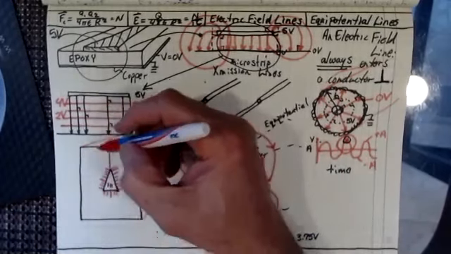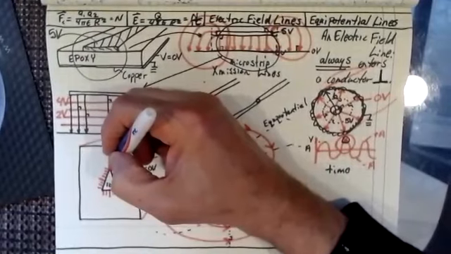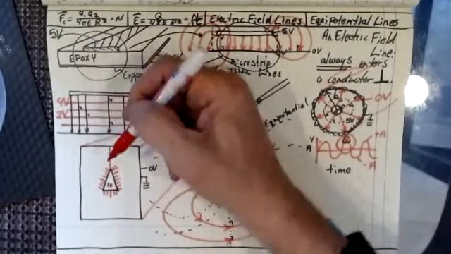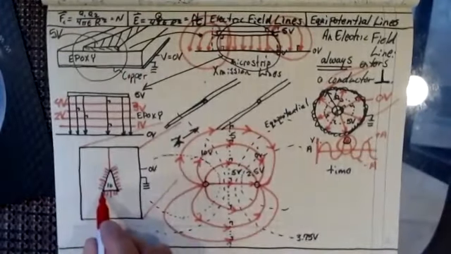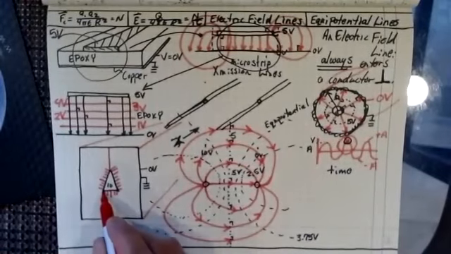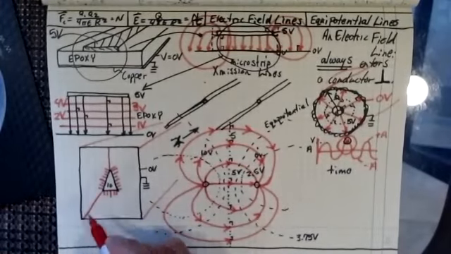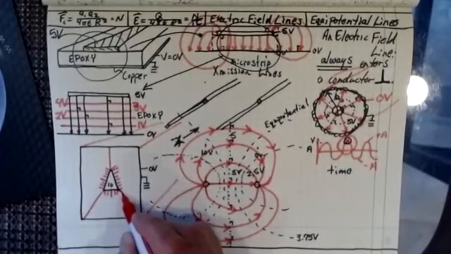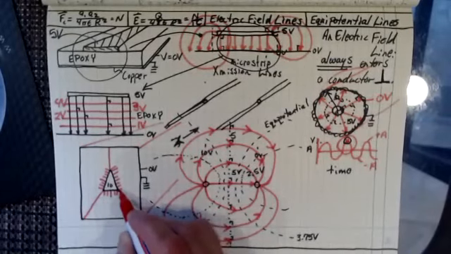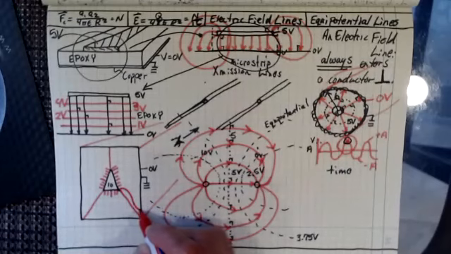Now, this has to somehow cover all of these areas. So I'm just going to draw one down here. I'm going to draw one down here. I'm going to draw this like this.